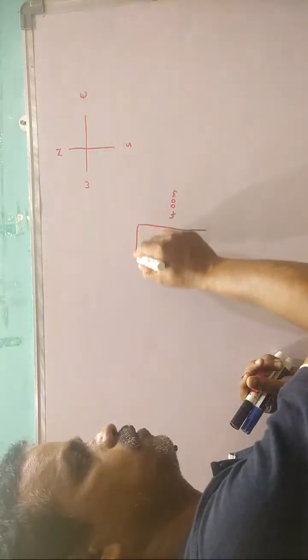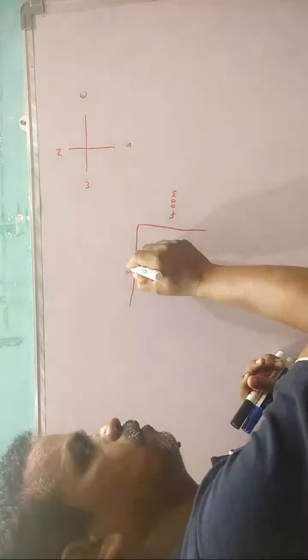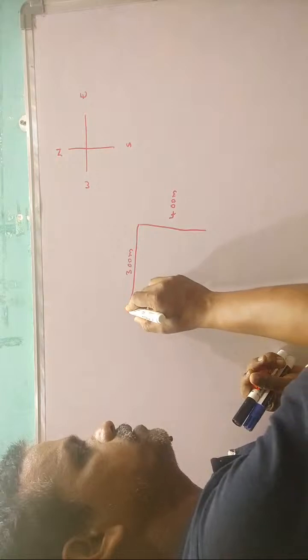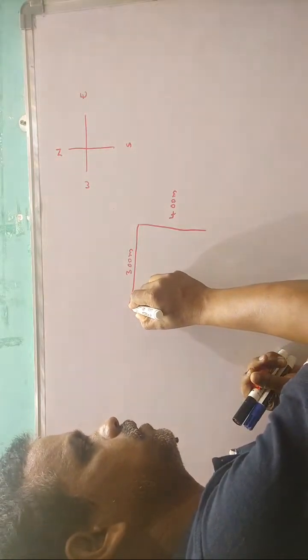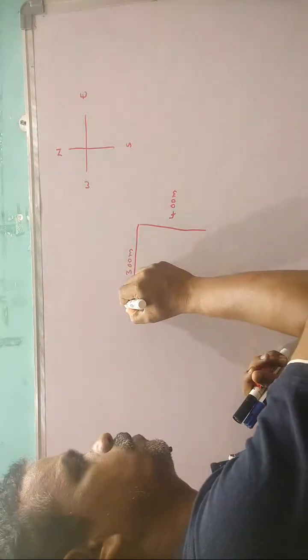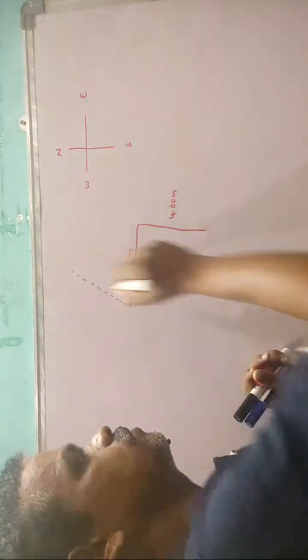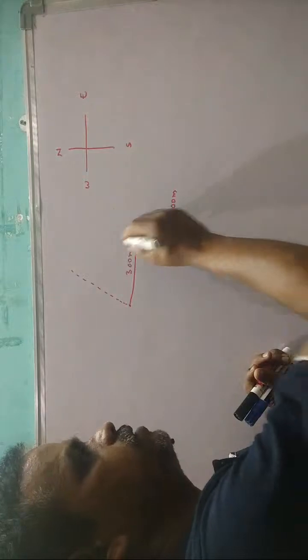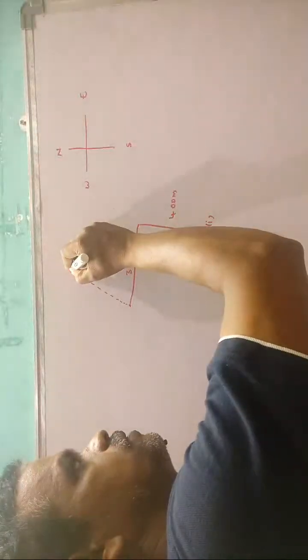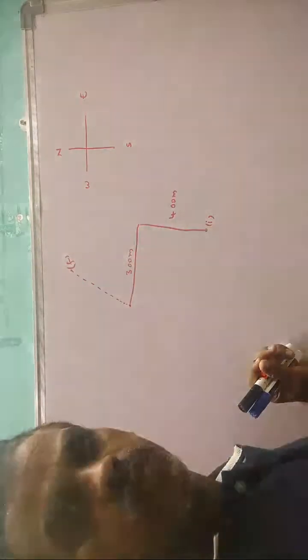Then towards west, 300 meter. Then it goes up like this. So that means this is the initial position, this is the final position.